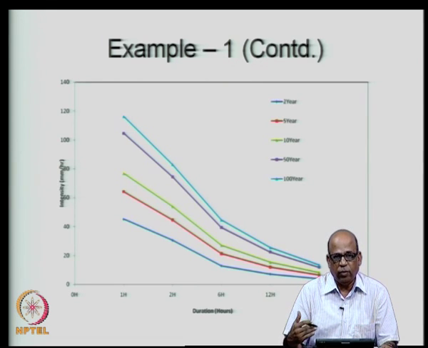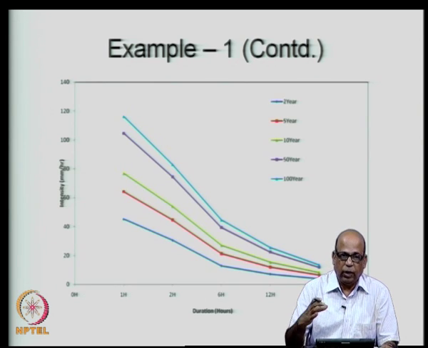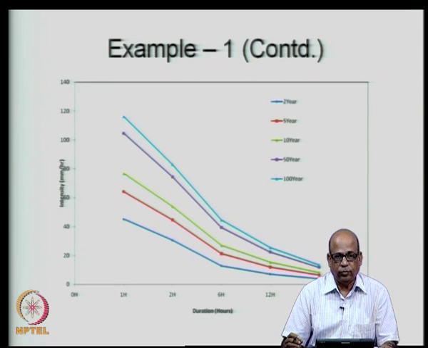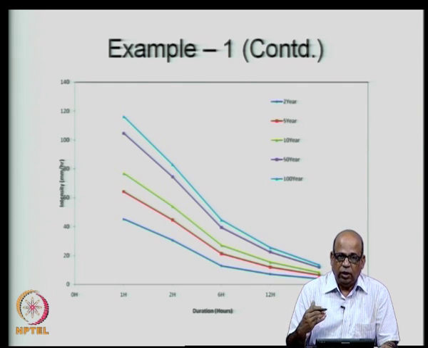Typically in India it is given by IMD, that is India Meteorologic Department. They may give region wise, state wise, city wise and so on. But for hydrologic designs pertaining to urban areas, it is best for the hydrologic designers to construct the IDF relationships ourselves, based on the actual observed data.